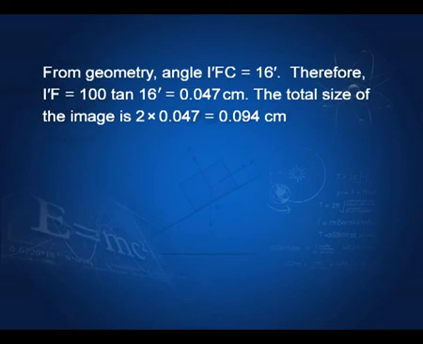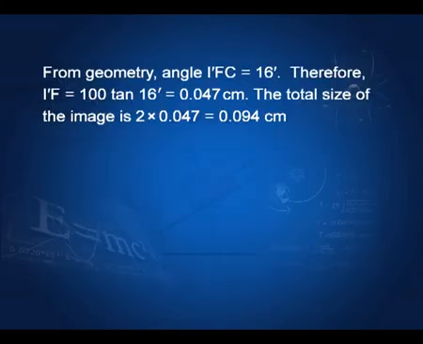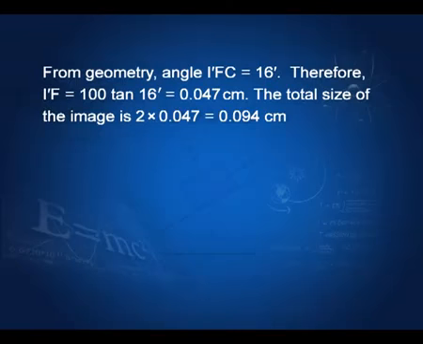So, I'f is 100 times tan 16 minutes. The angle is so small that you can take tan to be equal to the angle. So, 100 into 16 minutes. So, you find this is 0.047 centimeters. Therefore, the total image is twice that, 0.094 centimeter.